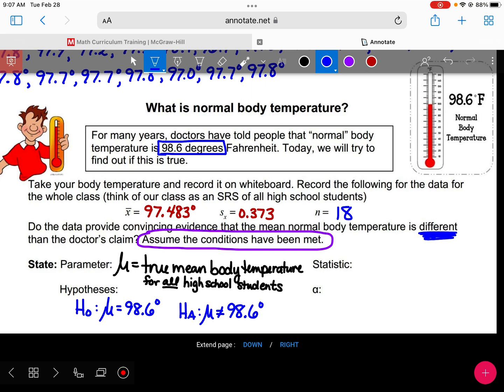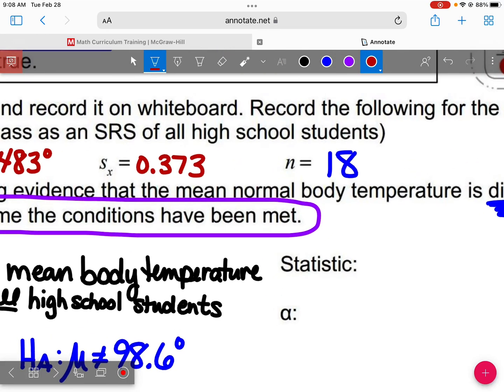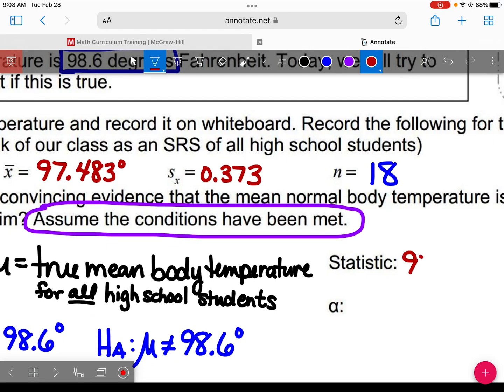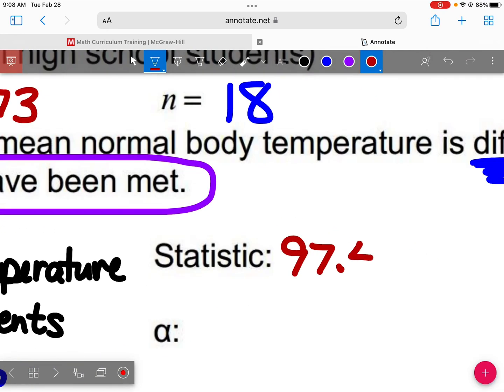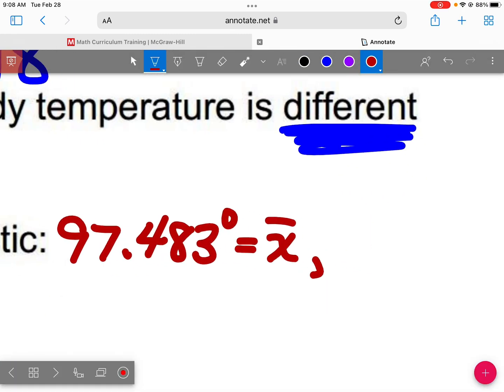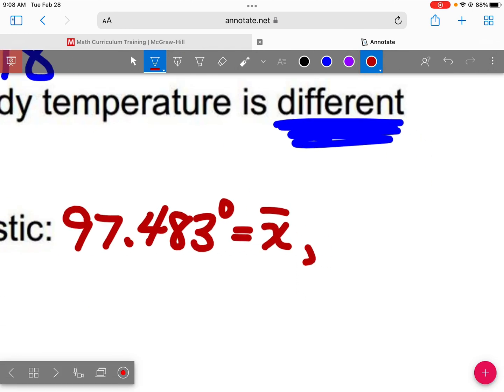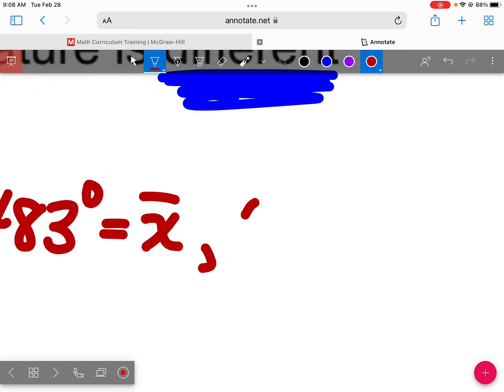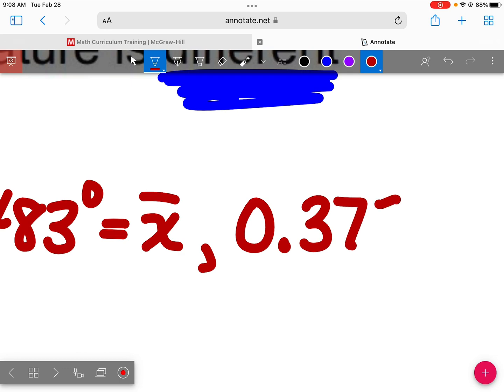What statistics do we have? We have x bar, that is 97.483 degrees. And then we have Sx, which is 0.373, the sample standard deviation.